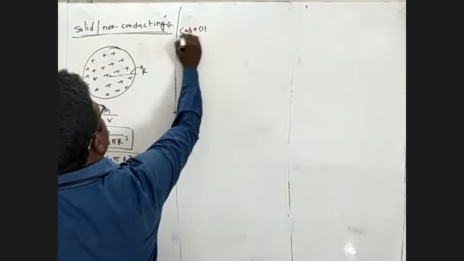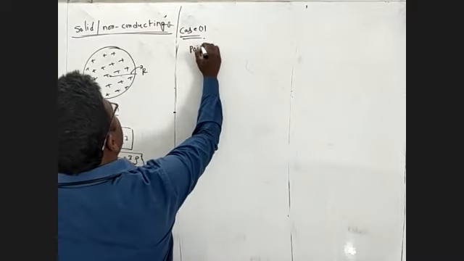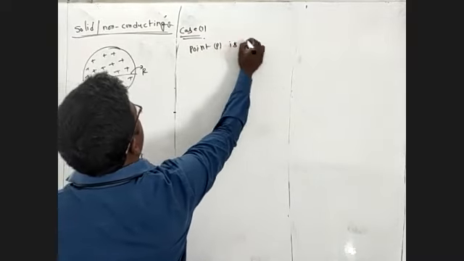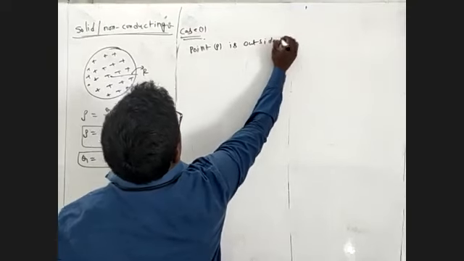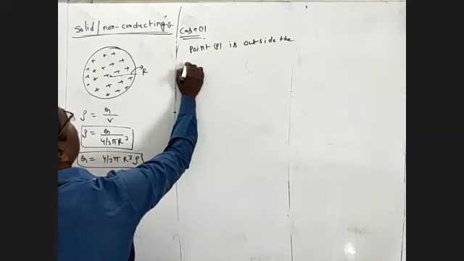Case number one: point P is outside the solid body.